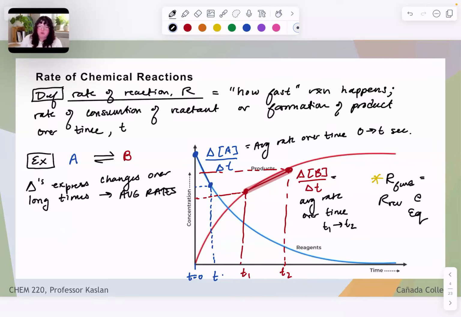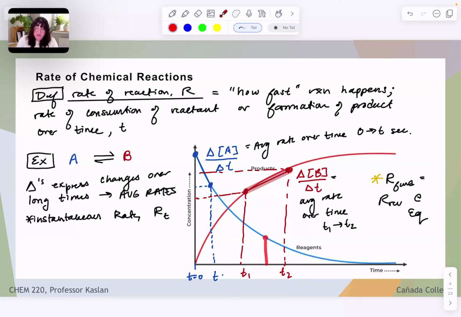However, if we want to know an instantaneous rate, meaning the rate at some exact time t, for example, what if I wanted to know the rate exactly at this point?